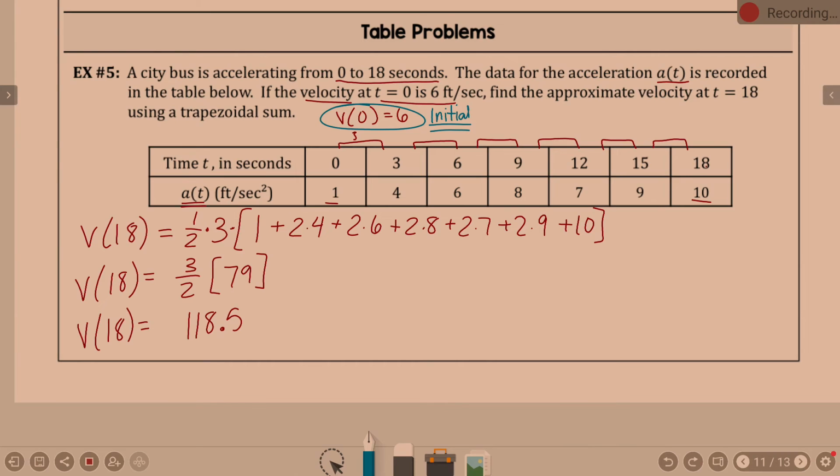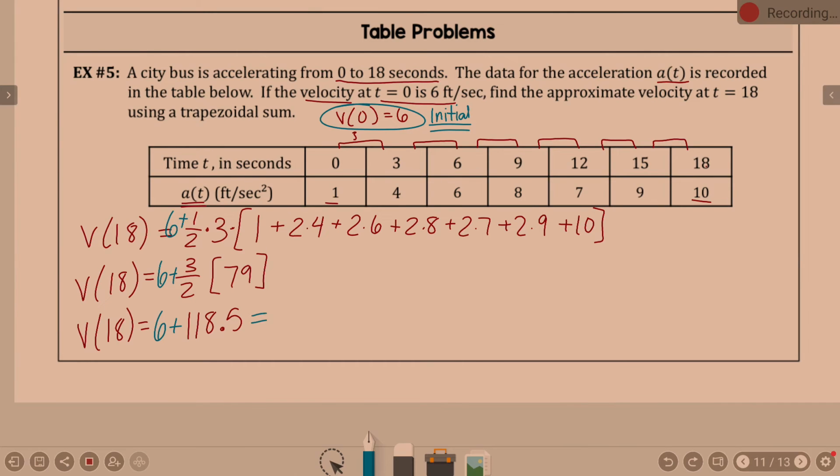Yeah. So what I really, in my notes, what I have is that this is going to be 6 plus all of those pieces, right? In other words, if we think of the initial 6 plus the accumulation, so that's using the trapezoidal rule. So it should have been 6 plus.